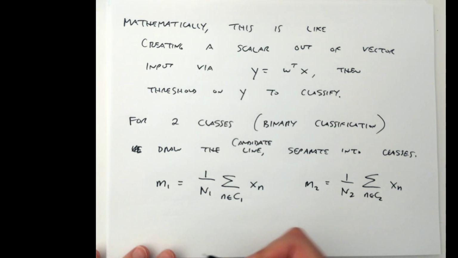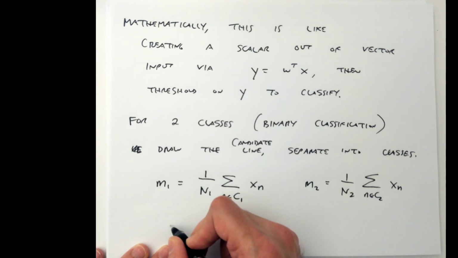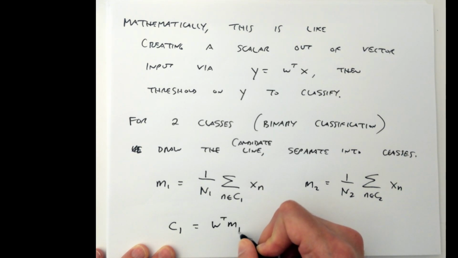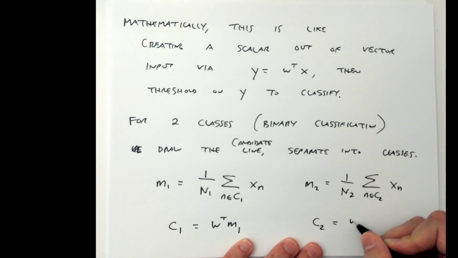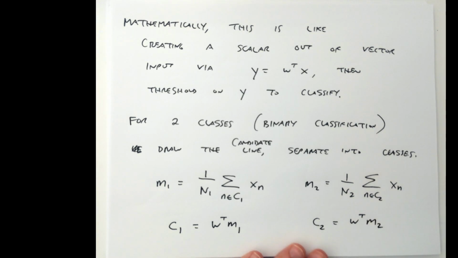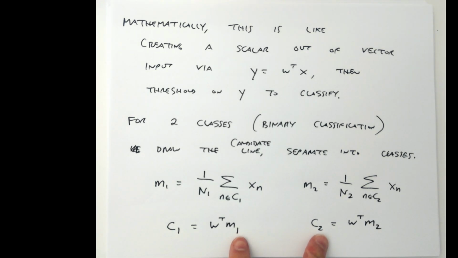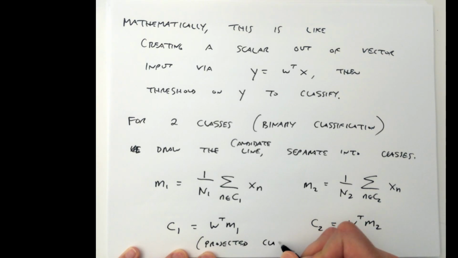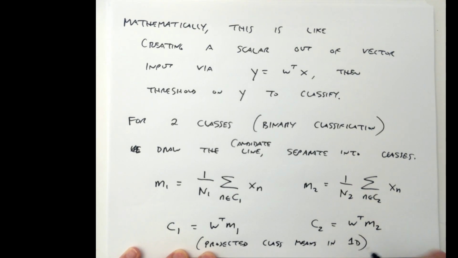And then we can also project those means onto the vector. So again, these are the means in observation space, and here these are the projected class means in just 1D.